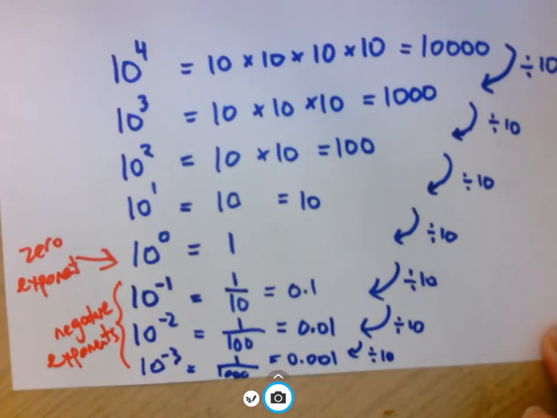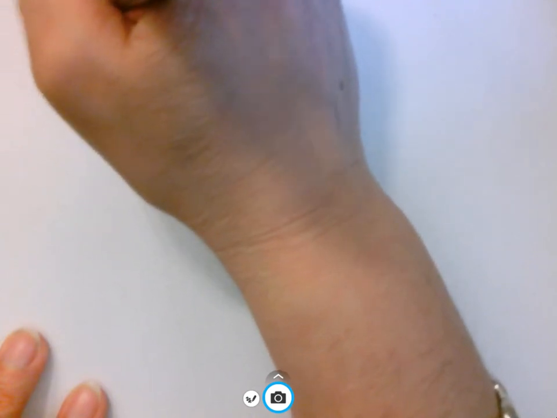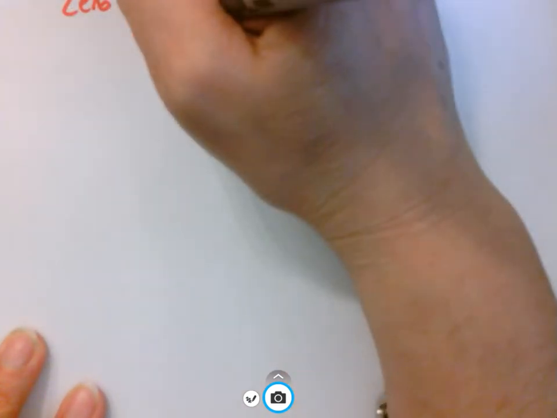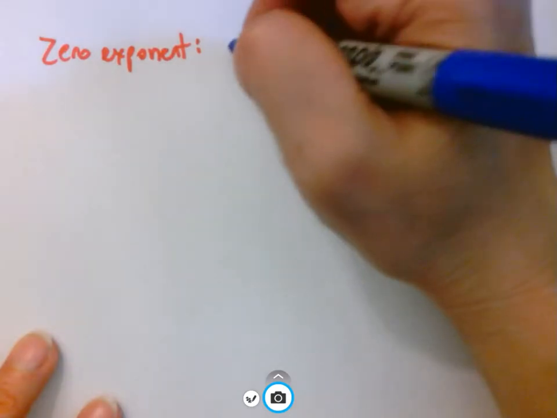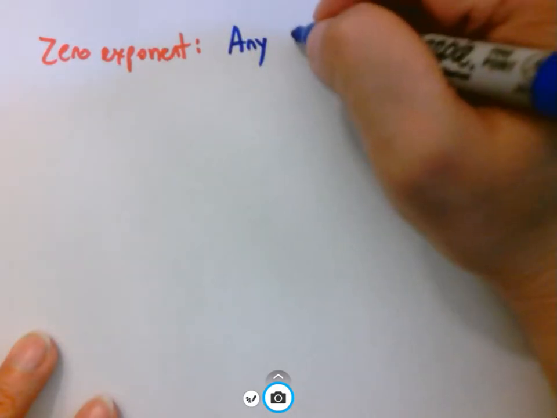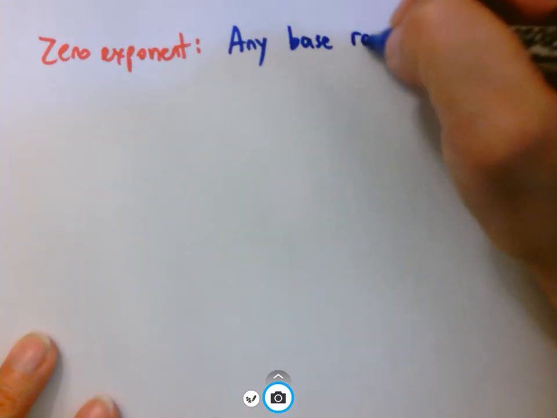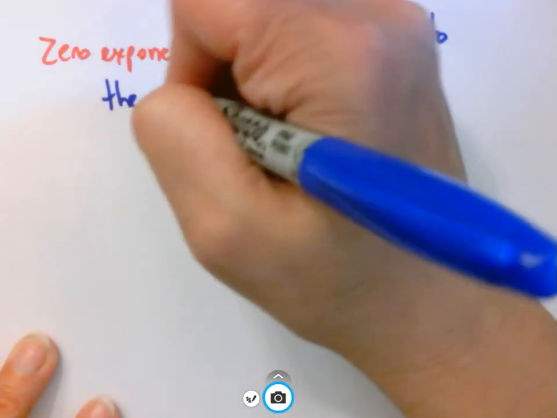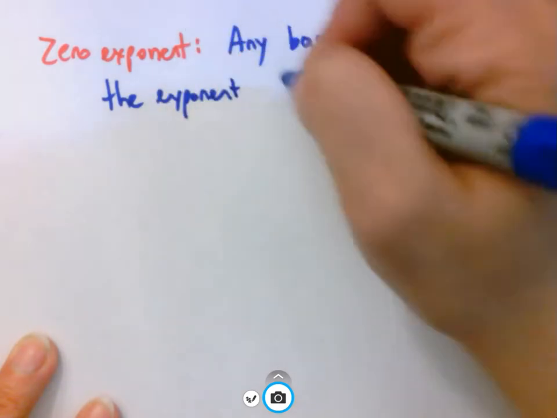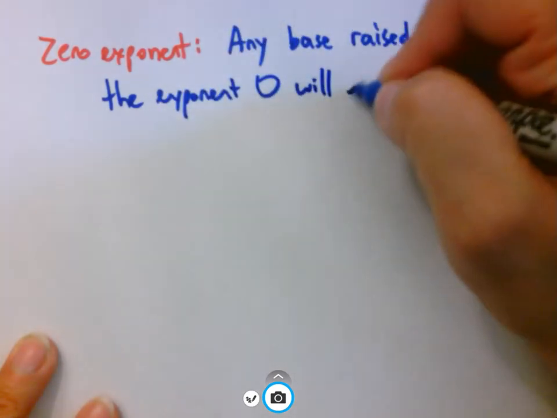Okay, making some notes and putting this all together. The 0 exponent, using that pattern: any base raised to the exponent 0 will equal 1.